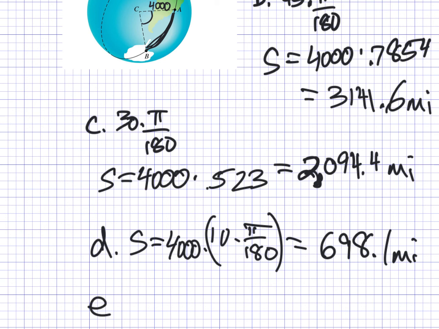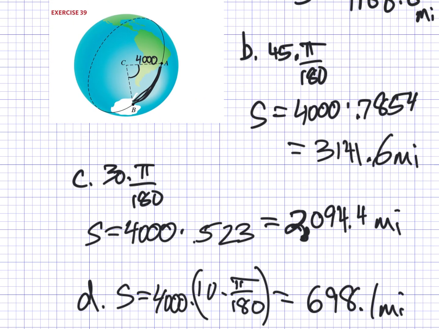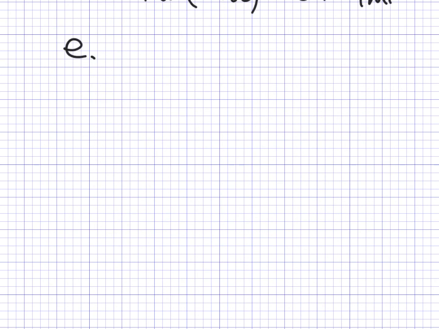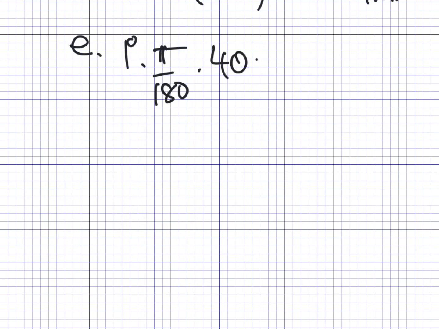Okay, then E. E is 1 degree. So what is 1 degree? 1 degree times pi over 180 is just pi over 180. So you take pi divided by 180, and that's 0.017453 times 4,000, and you get 69.8 miles.